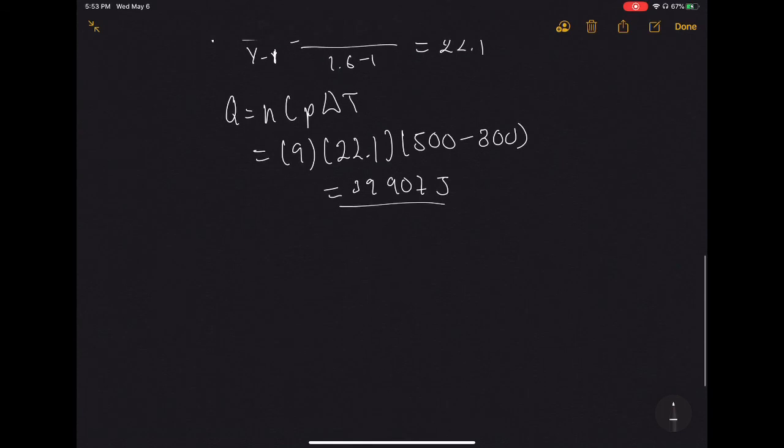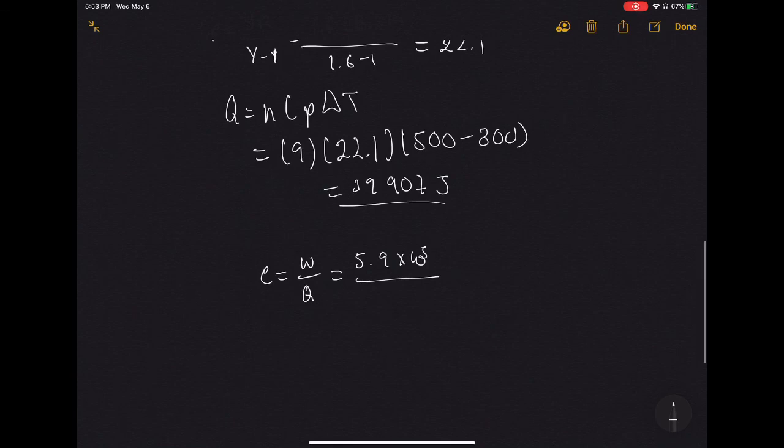So now I can calculate the efficiency, which is a thermodynamic formula, and then I'm just going to plug the numbers. The total work, 5.09 times 10 to the 3, over 39,907, and that's going to be 0.13, and that's it. That's the right answer.